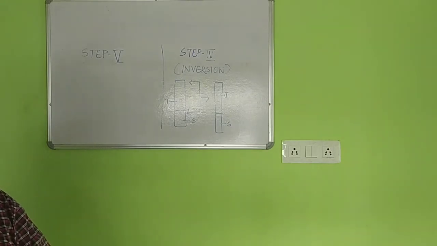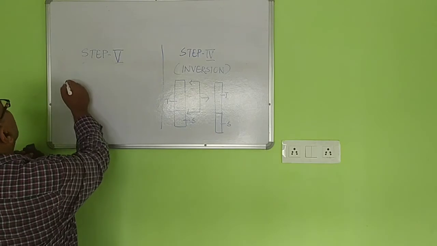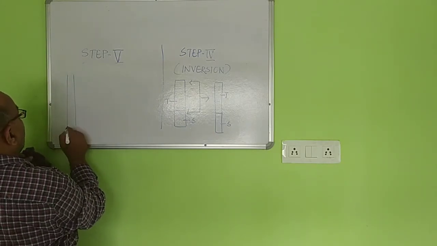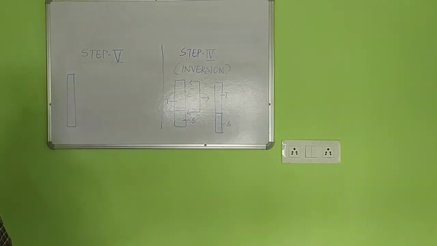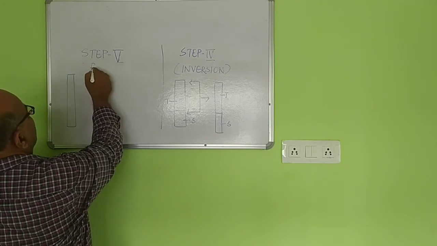You mark here the chromosomes also be differentiated. And this is the step 5, the case of the fusion.